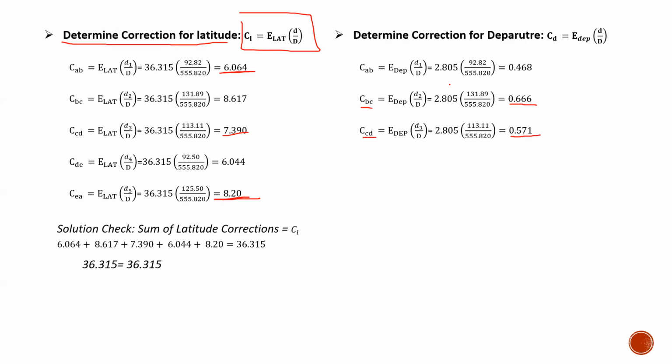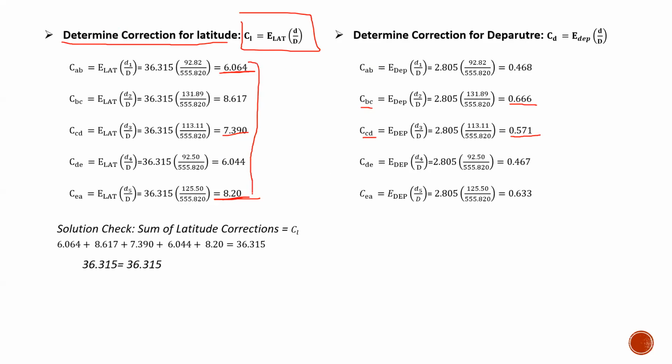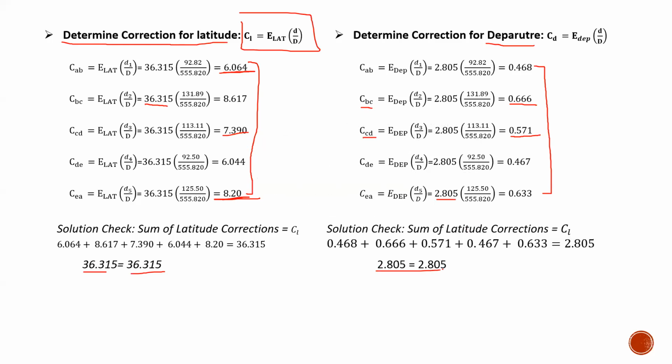And then after you determine the mga correction, dapat pag sinum mo yung correction, magto-total siya doon sa error sa latitude. So, we have here 36.315 and 36.315. Same goes to the departure. Dapat yung mga correction na iti-take natin, dapat equal yun sa error na na-commit natin. So, that is 2.805. That is also equal to 2.805.